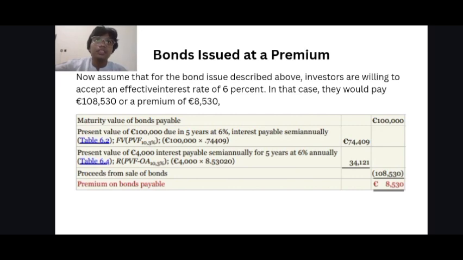The next method is bonds issued at a premium. Now assume that for the bond issue described above, investors are willing to pay an effective interest rate of 6%. In that case, they would pay 108,530 or a premium of 8,530.